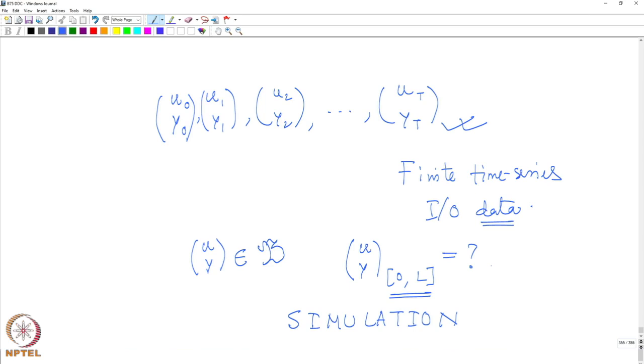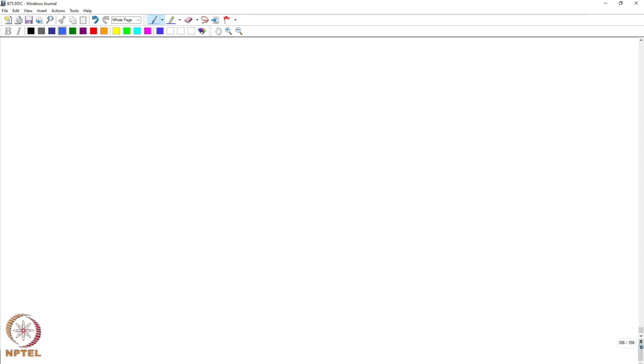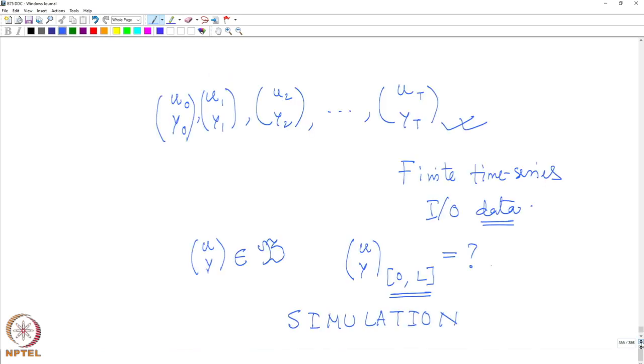What do you think, when is it possible? We have actually seen a result which tells us a sufficient condition for this. Should I put a hat here? I think it is better to put a hat, because this distinguishes that this is my measured data and this is an arbitrary trajectory.